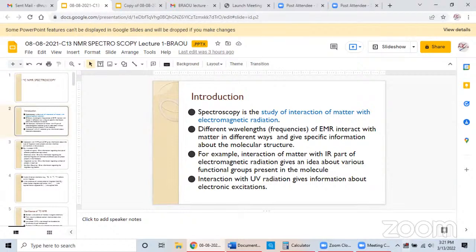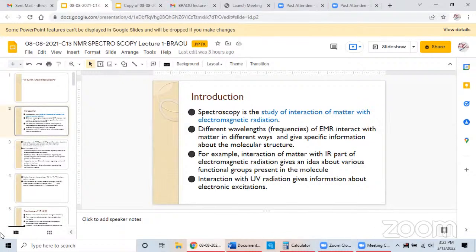Similarly, the UV part of the electromagnetic radiation interacts with matter and gives you some idea about electronic excitations. This you have studied in first year already, and proton NMR you have studied.